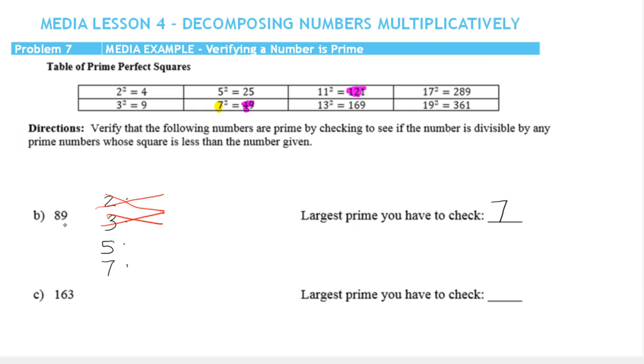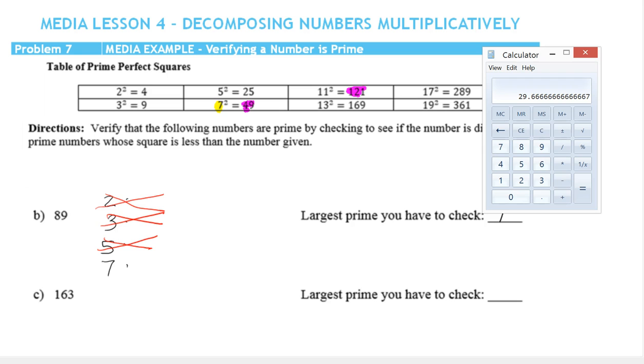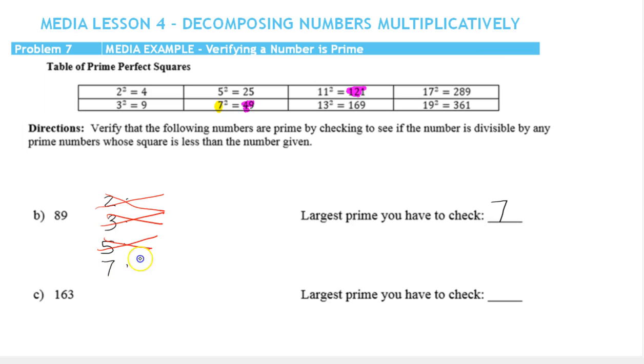So you may remember counting by 5s when you were younger, 5, 10, 15, 20. So this does not end in a 5, so we don't even really have to check that, but you could verify it on your calculator if you want. And lastly, let's check 7. And notice we get a remainder again. So that means, since 89 is not divisible by any of these numbers, we have verified that it is prime.